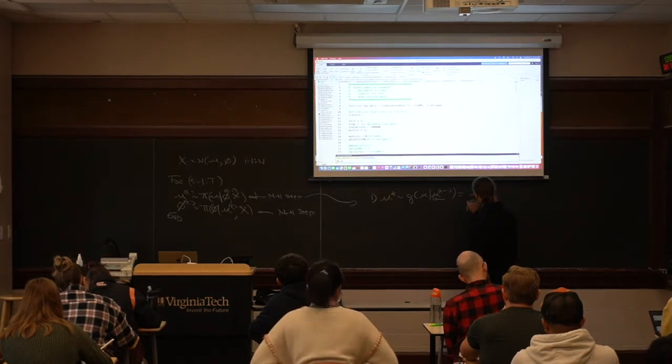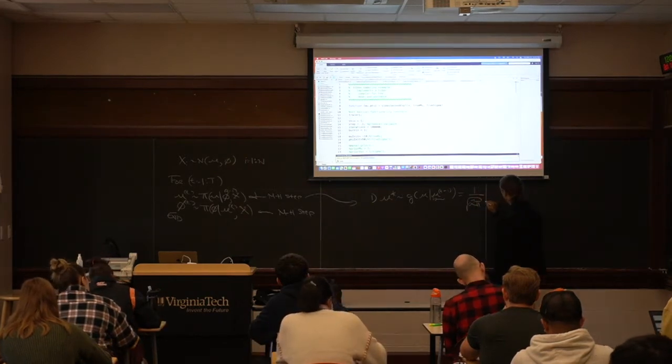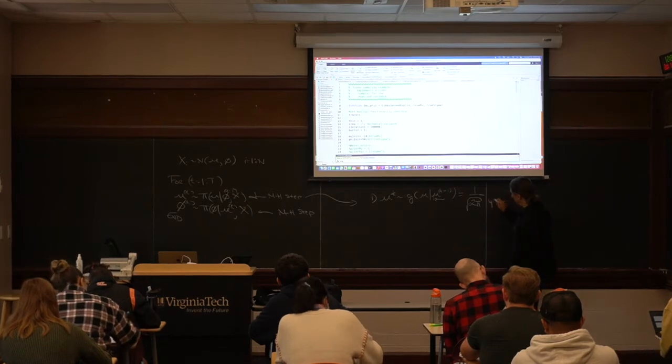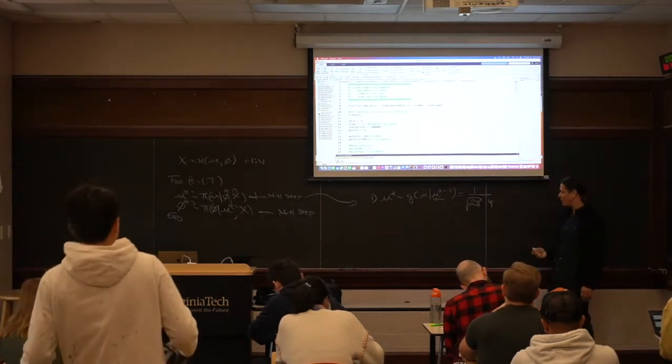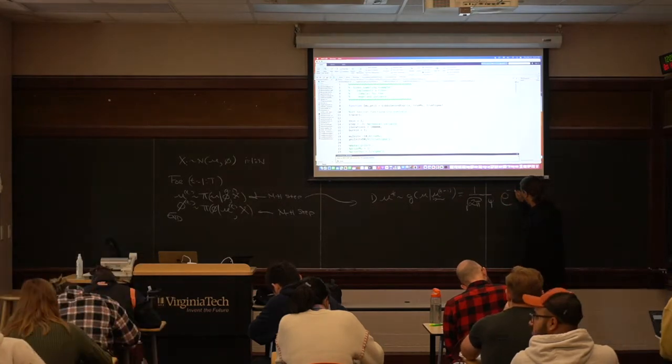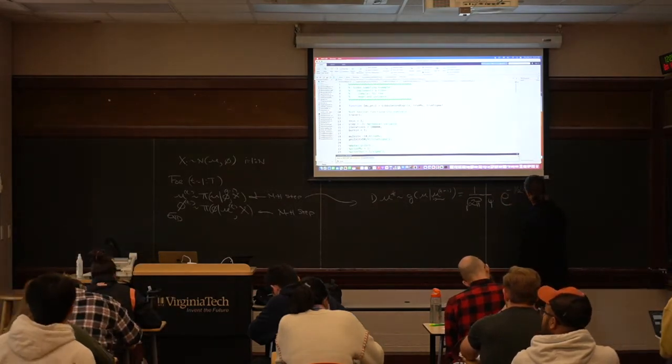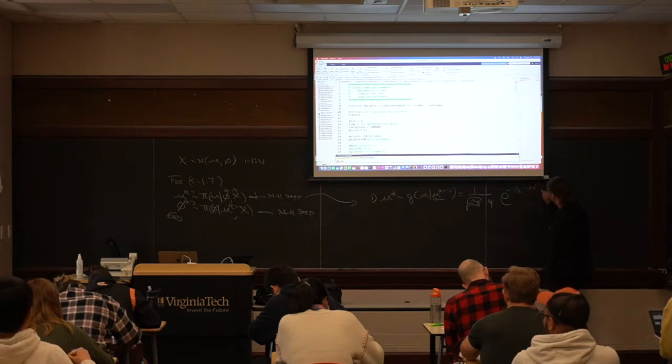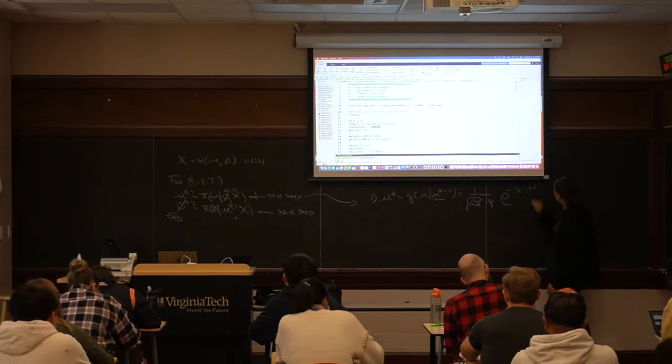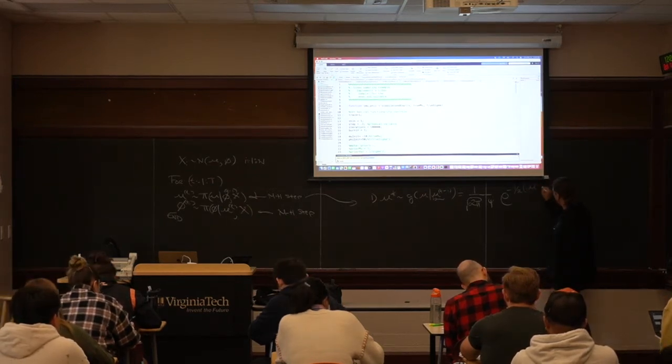1 over square root of 2 pi. There's going to be some tuning parameter right here. This is going to tell us how far we step away from our previous location. And this is mu star. I'll just say mu.